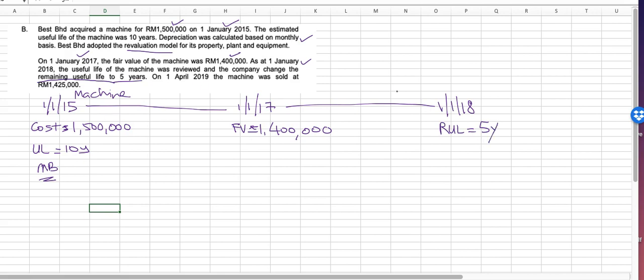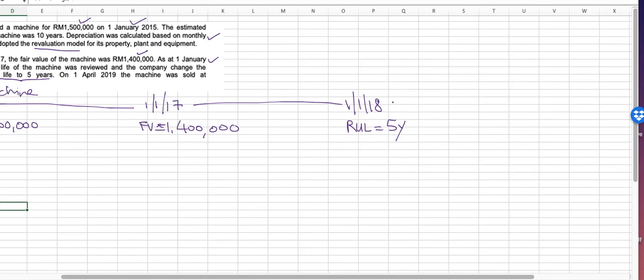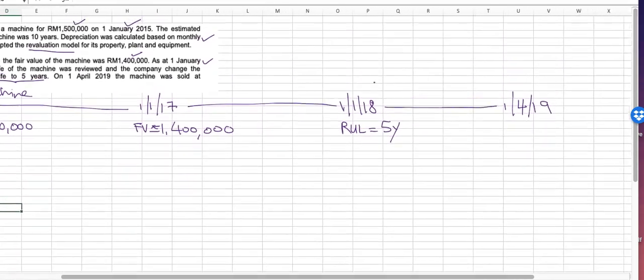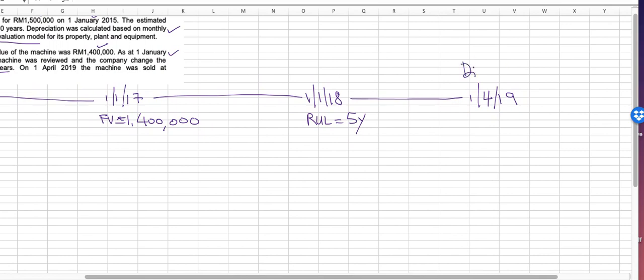On 1st April 2019, okay, this is a long timeline, yeah. The machine was sold at, okay, there is a disposal here. So the sales proceed, I put it as bank here.